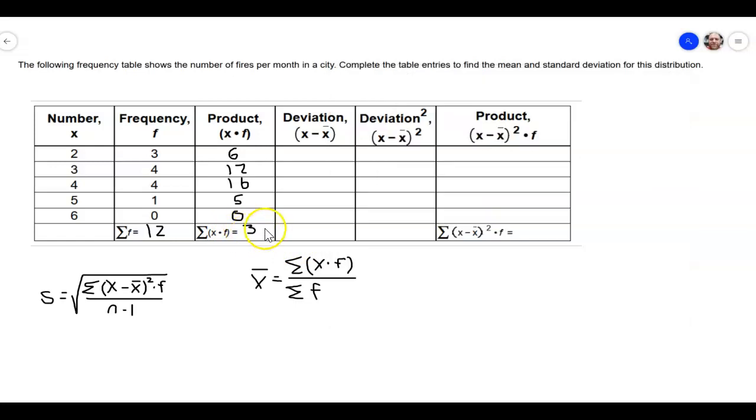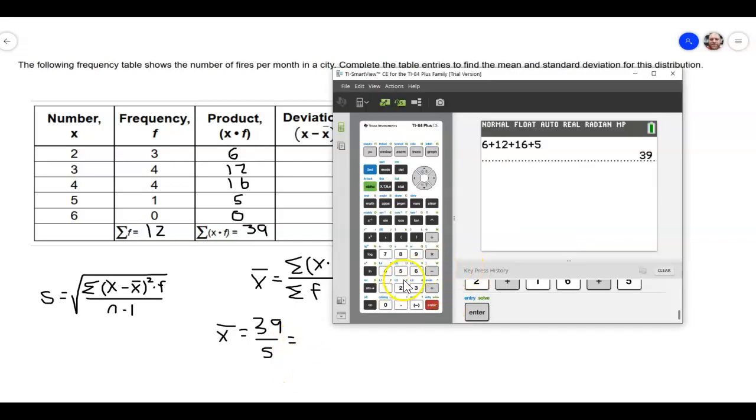So 39. So in this case, my mean, which is actually my sample mean, is going to be 39 divided by 5, which is equal to, and pulling back out my calculator, 39 divided by, oops, not 5, excuse me, 12.